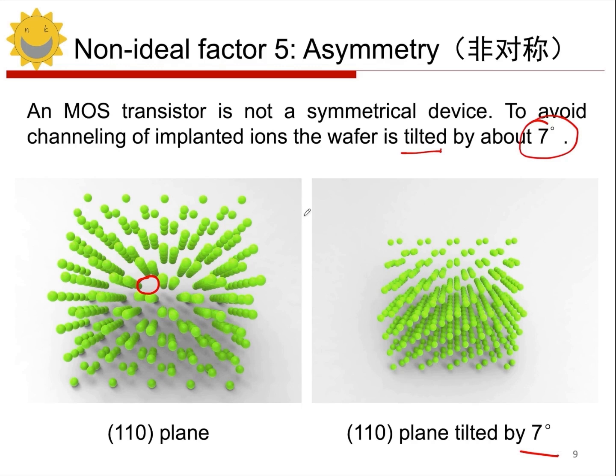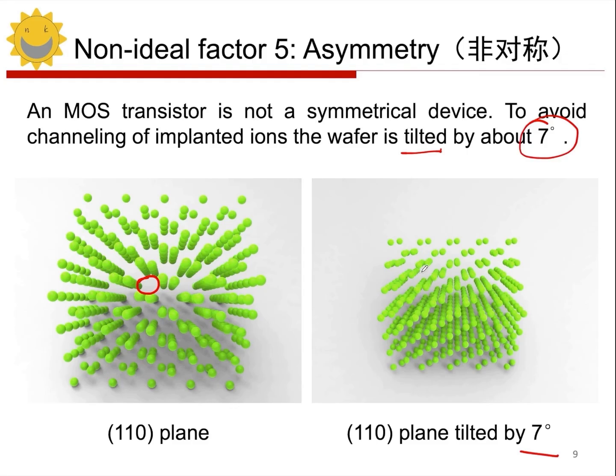So, if we tilt the 110 crystal plane by 7 degrees, then when we implant ions perpendicular to the screen, we find that the density of atoms is relatively high, so channeling will not happen. In situations like the gaps on the left side, the implantation will be affected by atoms acting as barriers, which means it won't penetrate very deeply. Instead, it will form a shallow layer of implantation.